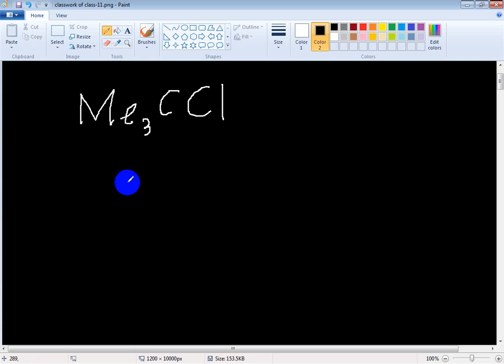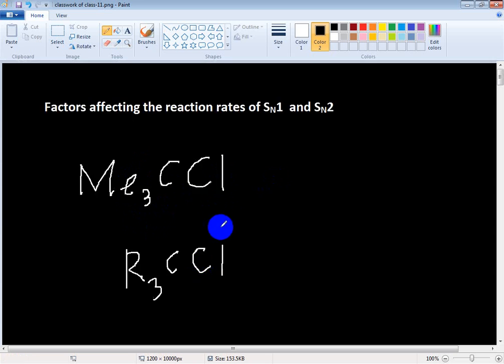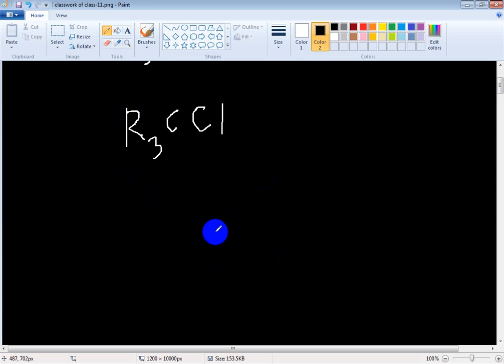I can write this as R3, meaning alkyl, and this is Cl. Okay, alkyl halide. This alkyl may be methyl, ethyl, propyl, anything. Like I gave here a propyl, this is also an alkyl group.